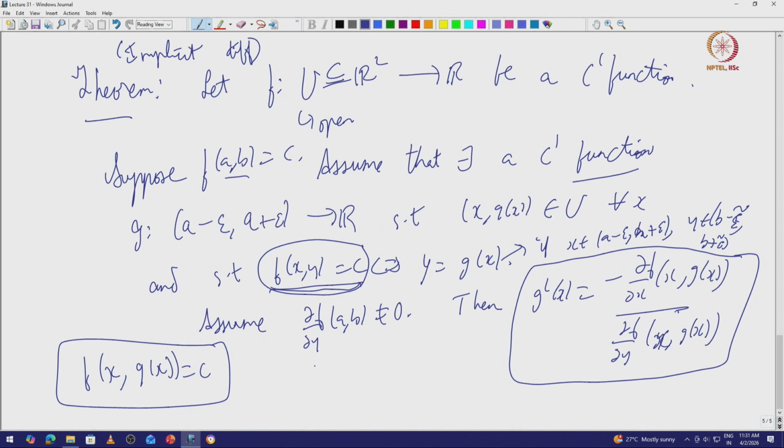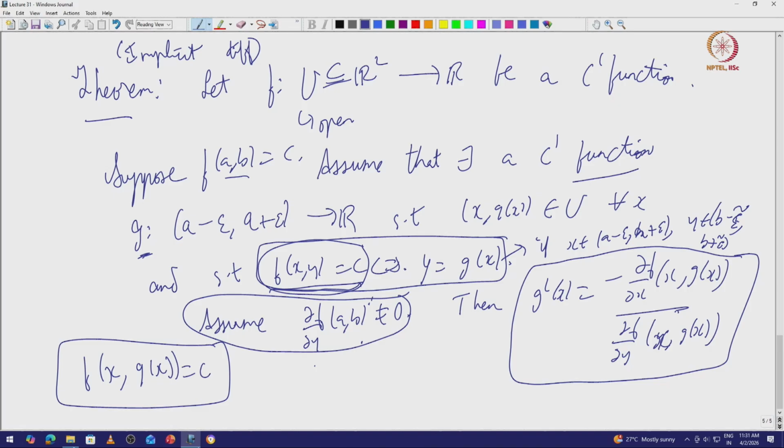What is harder is that with this assumption alone, you can come up with a g of x so that you can solve f of x y equals c. With this assumption alone, you can prove that g of x exists. That is hard.